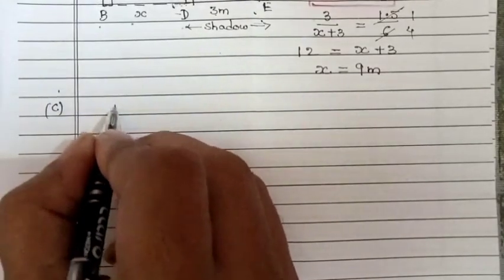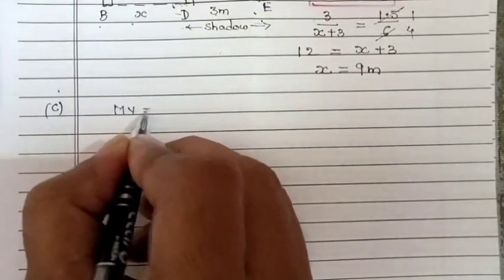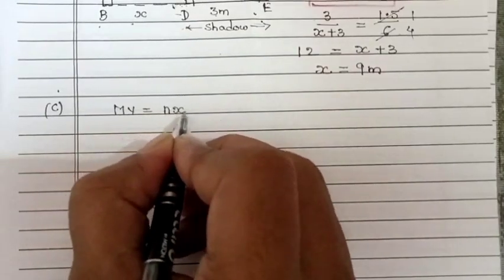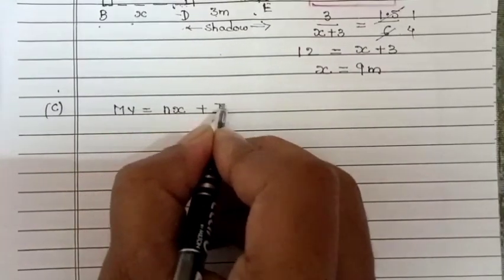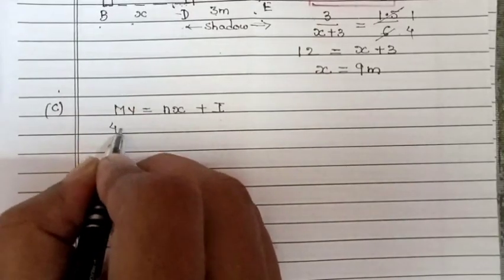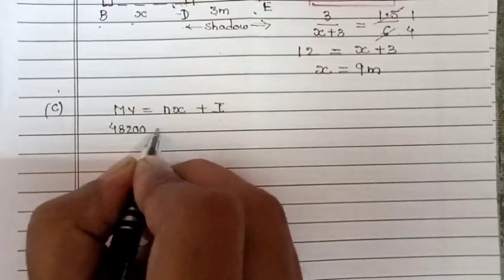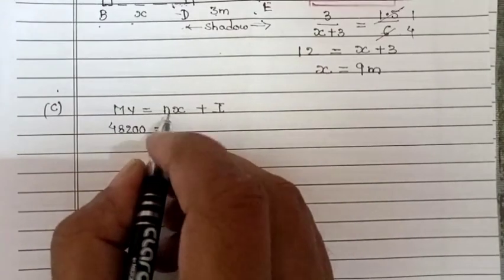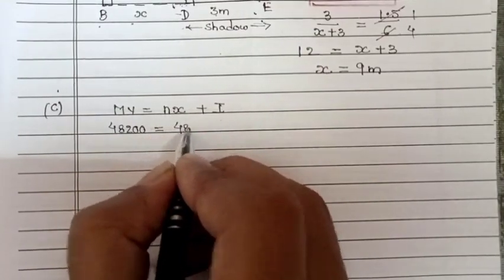As you can see, maturity value is given to us, so we will use the basic formula for the maturity value, nx plus I. Maturity value given to us is 48200. N means number of months, it's 48.